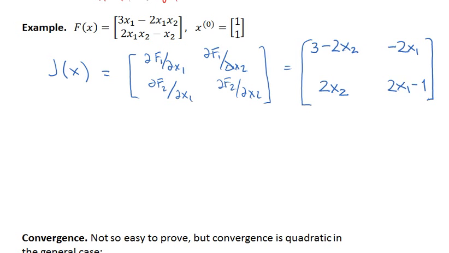Okay, so now we plug in. We will evaluate f first of all. Step 1, r is equal to f of x0. So you plug in 1 for both variables, and we get 3 minus 2 is 1, and 2 minus 1 is 1.